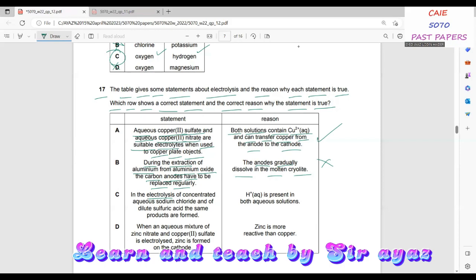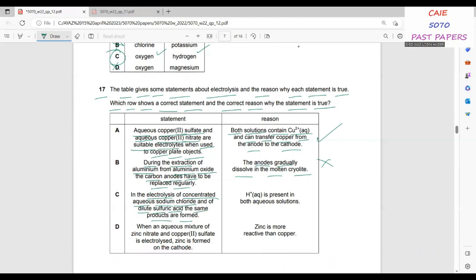C. In the electrolysis of concentrated aqueous sodium chloride and of dilute sulfuric acid, the same products are formed. Reason: H+ aqueous is present in both aqueous solutions.